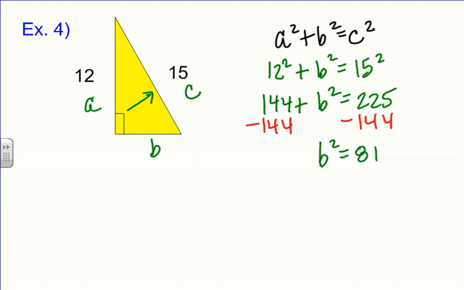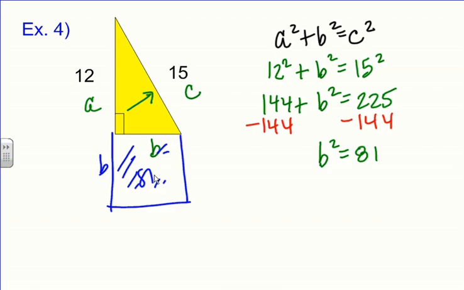Again, we found out that there was a square on this side of the triangle that had an area, B by B, has an area of 81. So an 81 squares of some sort. So what that means is we've got to find that side measurement. And the way we do that is we take the square root of both sides. That tells us that the square root of B squared is B, and the square root of 81 is 9.